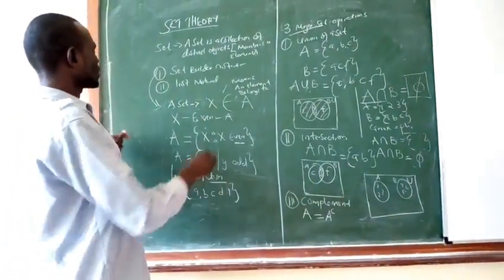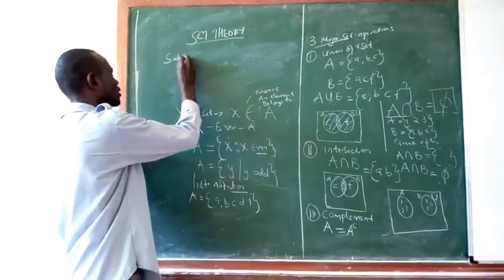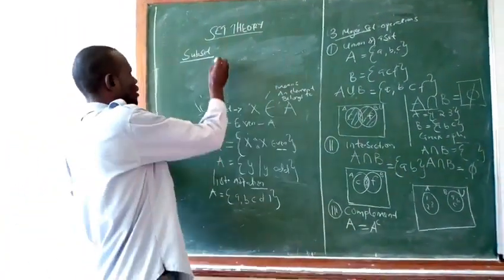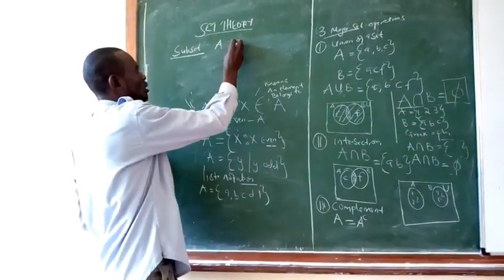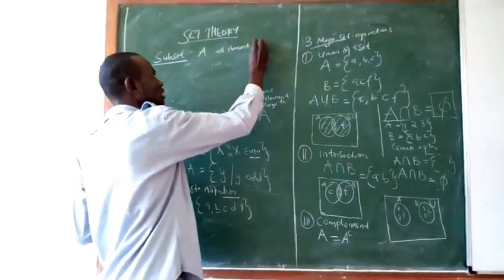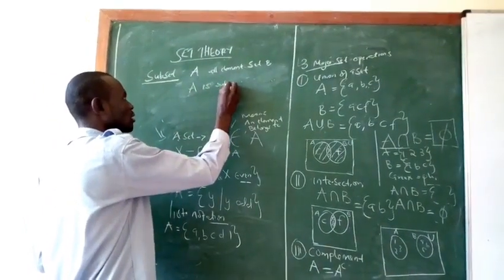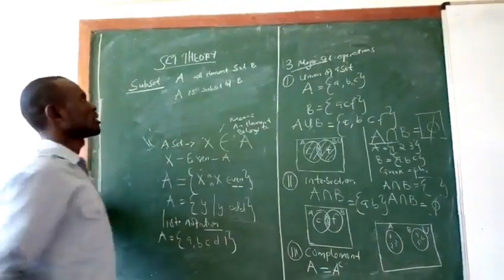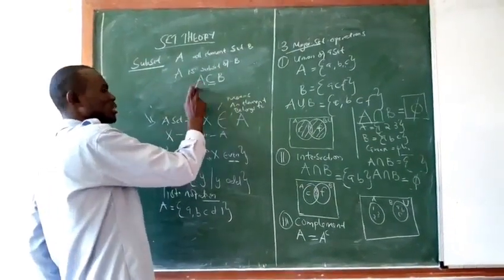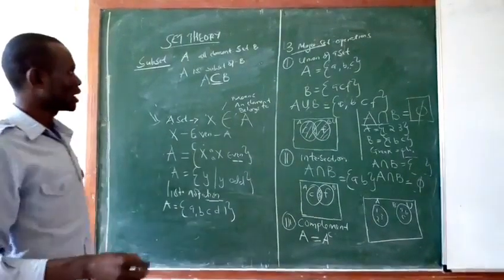Then we can talk about the subset. For clear understanding of the term subset, you have this when a set A has all its elements represented in set B. We say A is a subset of B. When we say A is a subset of B, it's normally written with the subset symbol, meaning all elements in A are in B. That's why we write the symbol with a line.